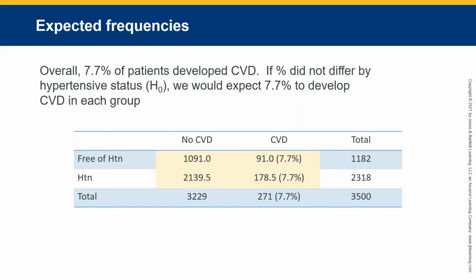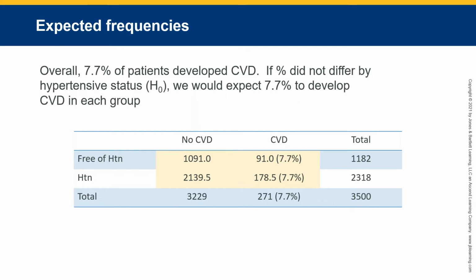So overall, 7.7% of participants develop CVD. What we do to calculate our expected frequencies is we apply that percentage to each of our groups. So we take 7.7% of 1182, and that gives us 91, and 7.7% of 2,318 gives us 178.5.